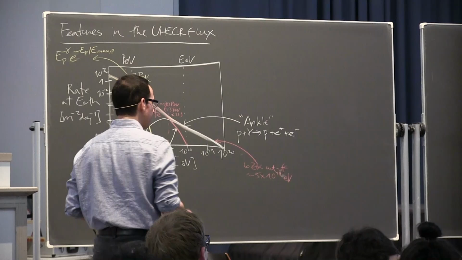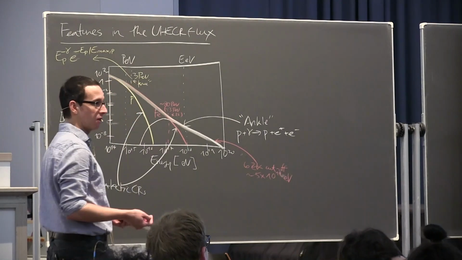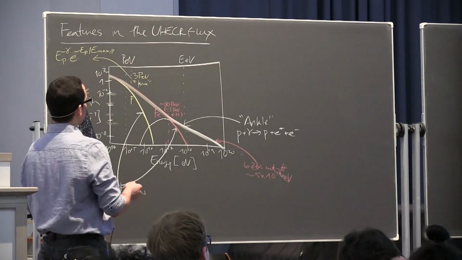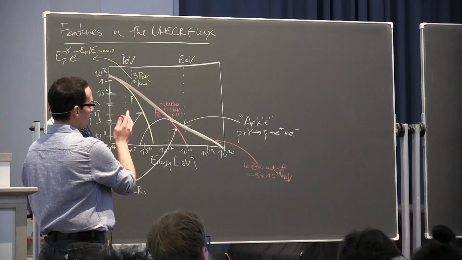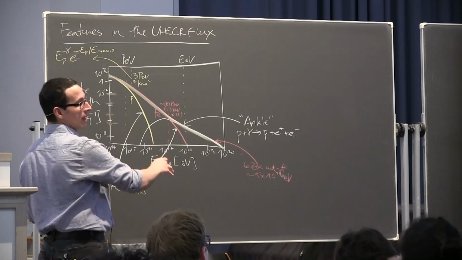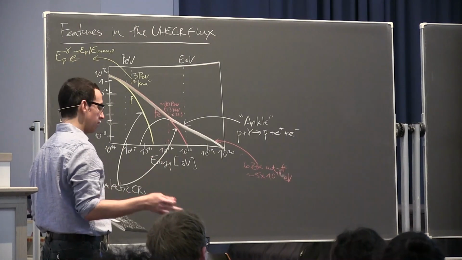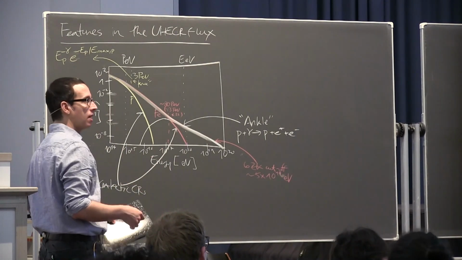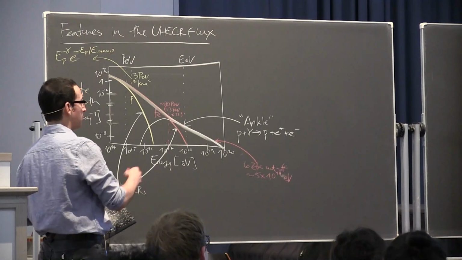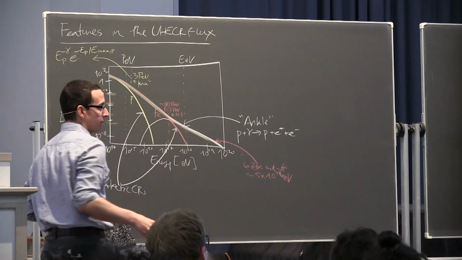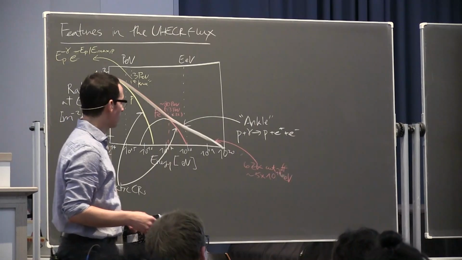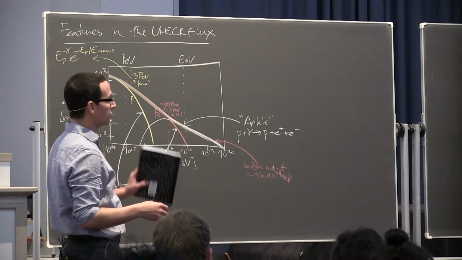And that other information is the mass composition measurements of the cosmic ray spectrum. So what I'm doing here is just plotting the result of adding all of the nuclei that are in the cosmic ray flux, protons, nitrogens, heliums, everything all the way to iron. And I'm not really distinguishing between them. I just drew the components here to illustrate where the features are coming from. But in reality, we don't do this.